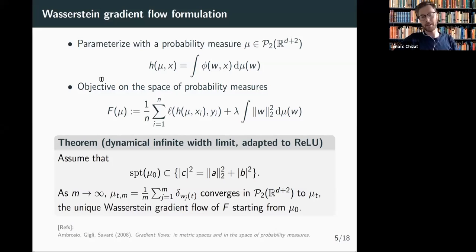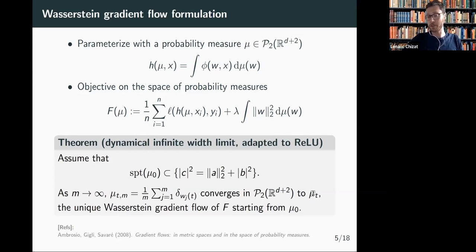The first thing that this change of point of view can tell us is whether it makes sense or not to talk about training dynamics in the infinite width limit. And this is answered by the following theorem. It says that when the width of the neural network goes to plus infinity, then if I see the training dynamics, that was the gradient flow with our finite width neural networks, as an evolving time-dependent probability distribution, these dynamics will converge as m goes to infinity to some dynamics, which we will call mu_t, in the space of probability distributions.